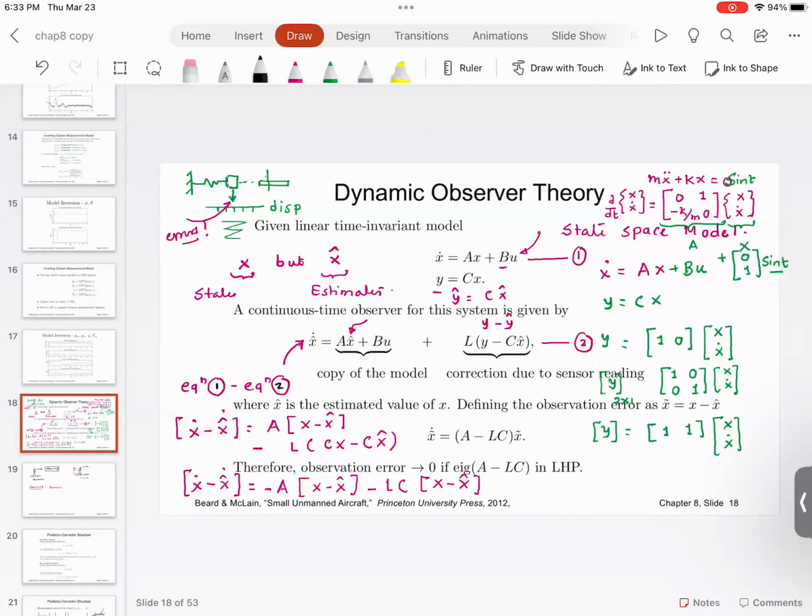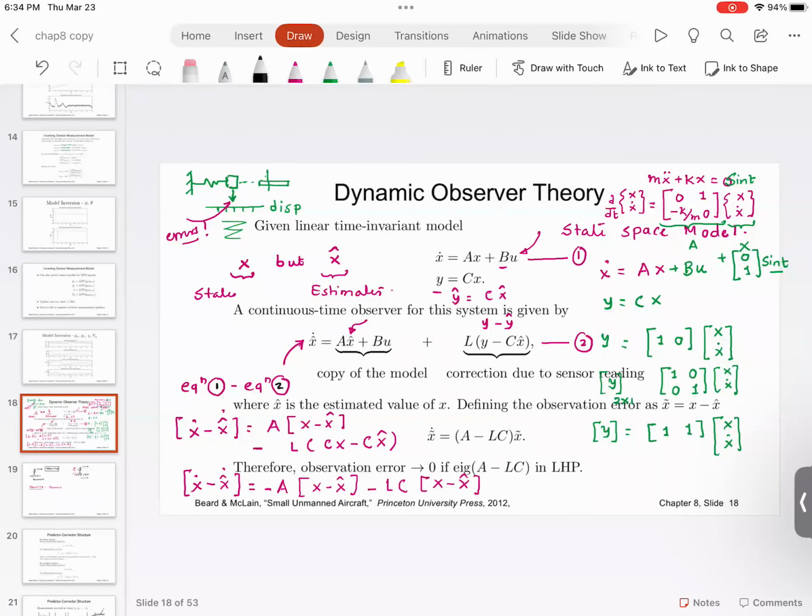And I'm assuming that the difference between the exact dynamics and approximate dynamics is linearly related to the difference in my observations. So I have my exact dynamics, x dot is equal to Ax plus Bu.